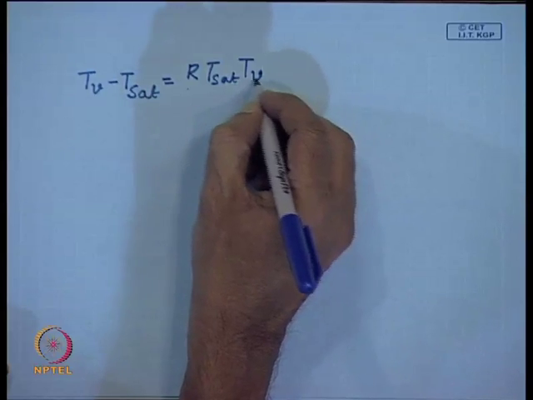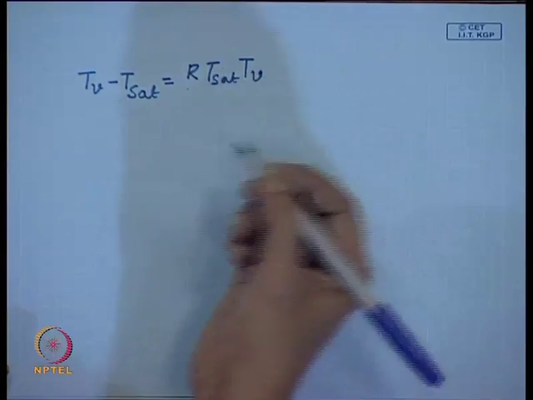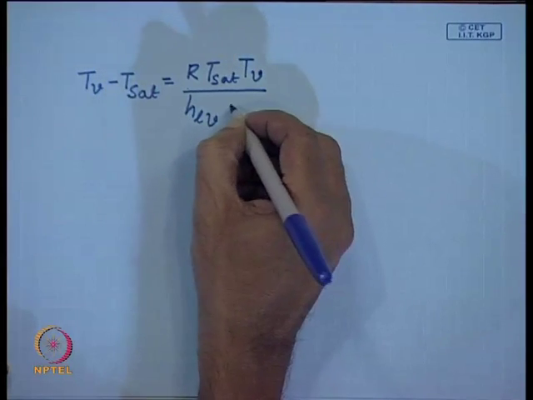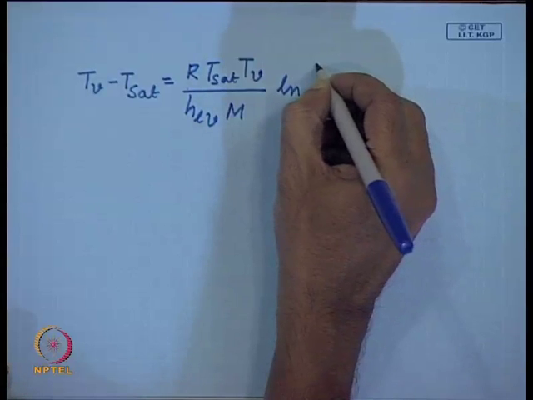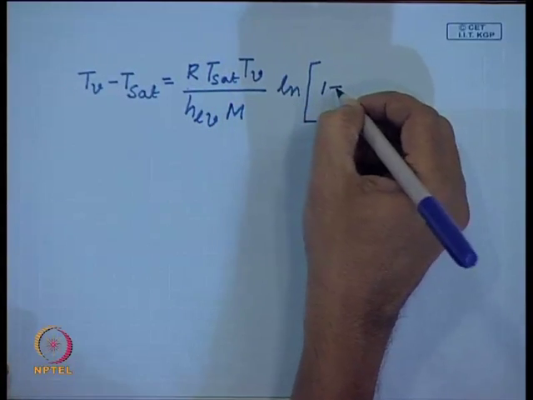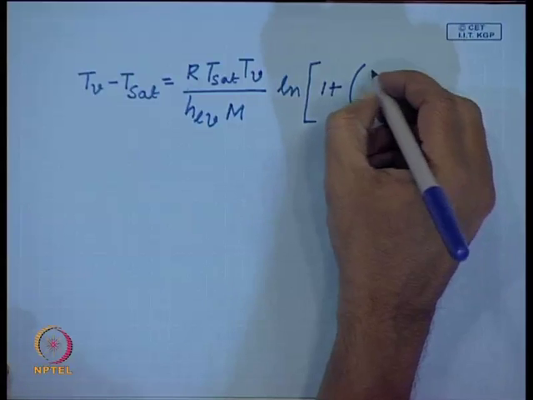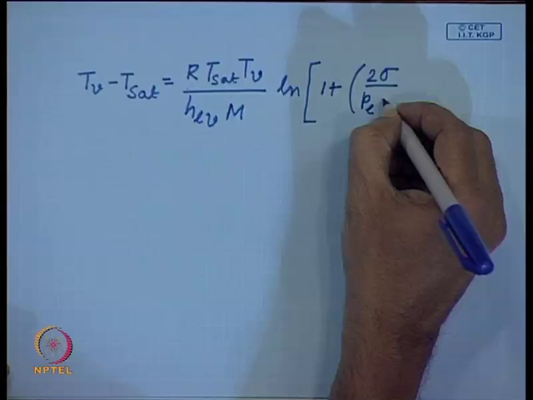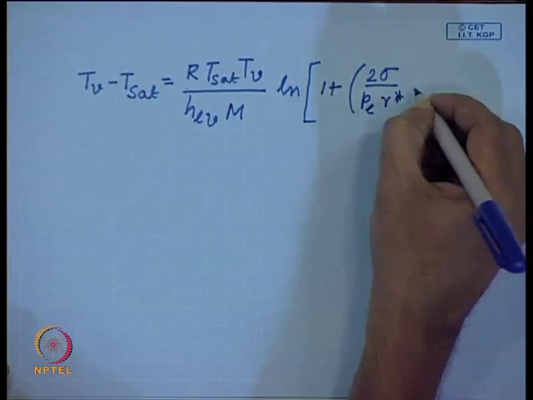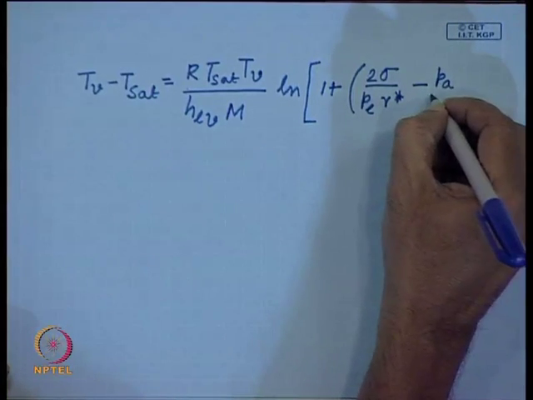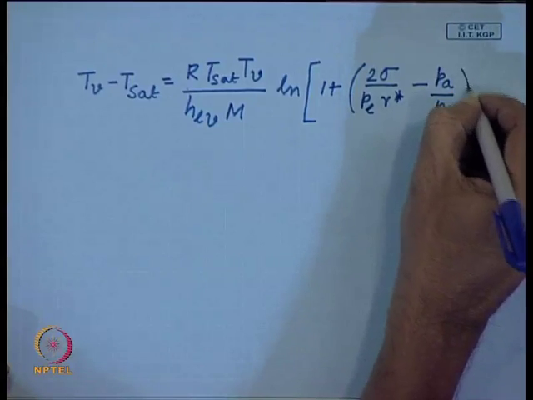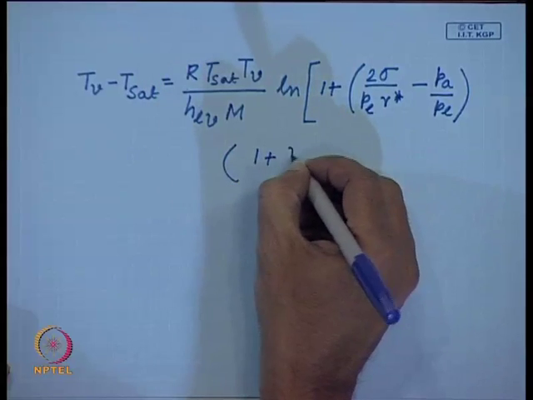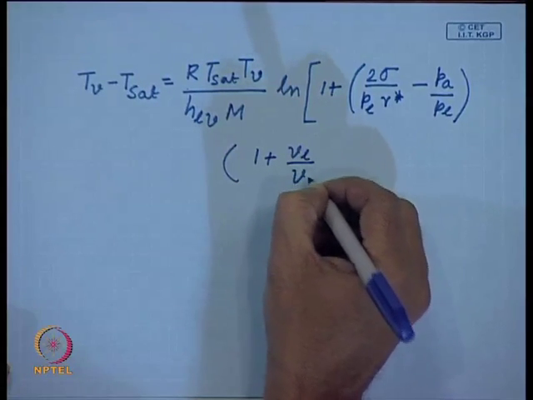Actually, T v is close to T sat, so in some expressions one can have T sat square also, over H L v m, times ln of 1 plus the bracketed term, multiplied by again 1 plus V L by V v.